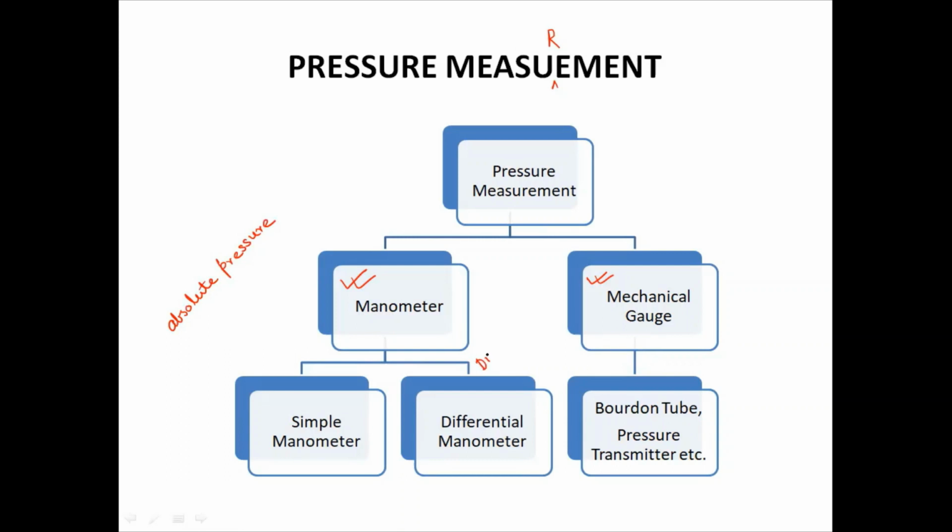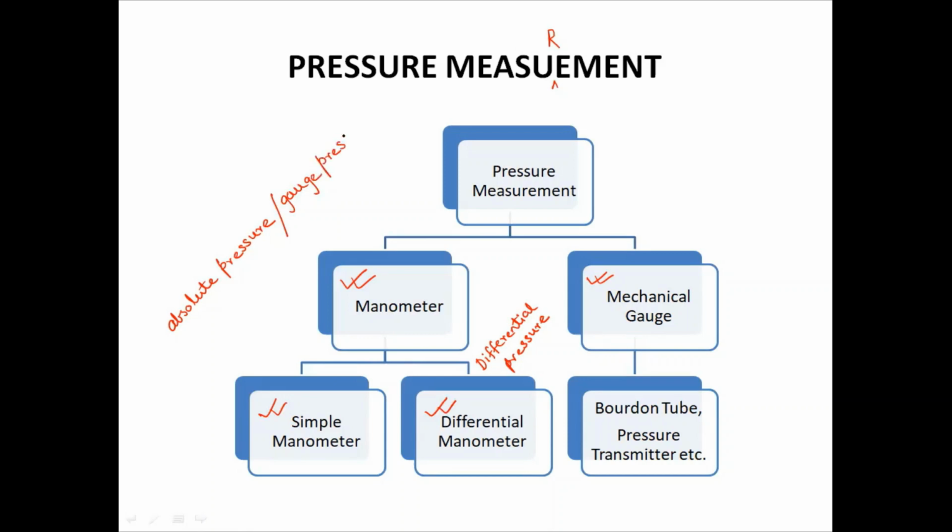If we get the differential pressure, the two points are given to you, and the difference between the two point pressures you have to measure through the differential manometer. Whereas the simple manometer is used to get the absolute pressure or gauge pressure.